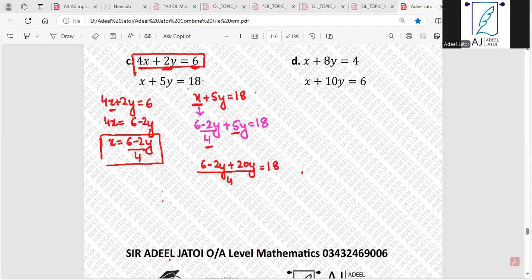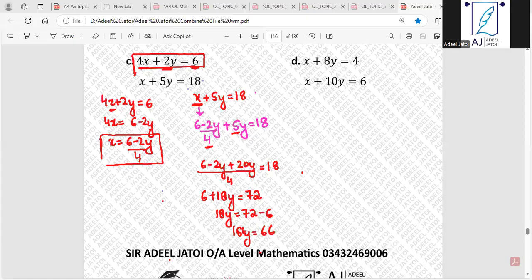So 4 being divided, it will be multiplied on the other side. So 6 plus 18y is equal to 72. 18y is equal to 72 minus 6. 18y is equal to 66.